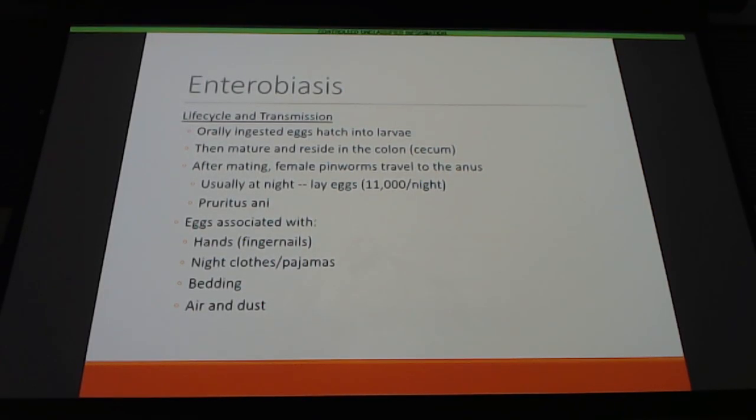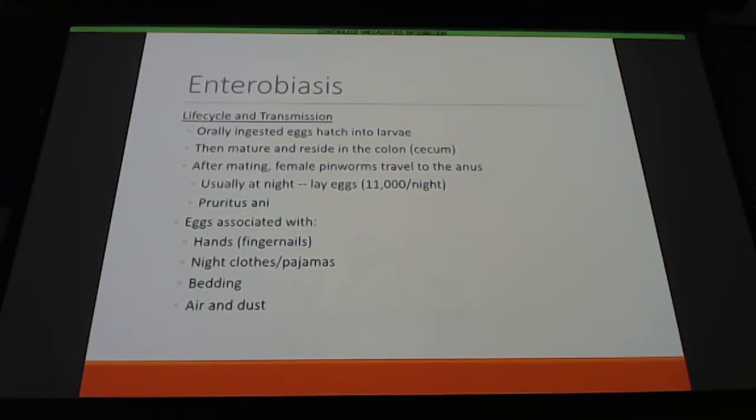And there it tells you female pinworms travel to the anus at night to lay their eggs. Around 11,000 eggs per night, which is one of the reasons why you have the pruritus ani. They mature in that colon area, and then go out at night to your rectal area.